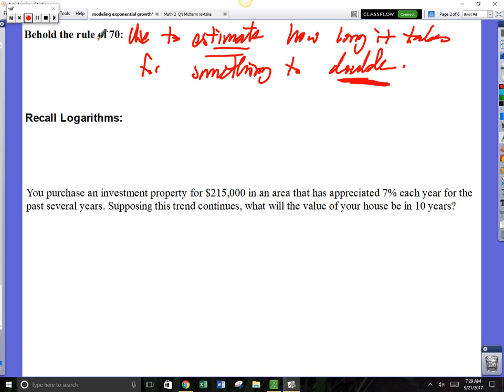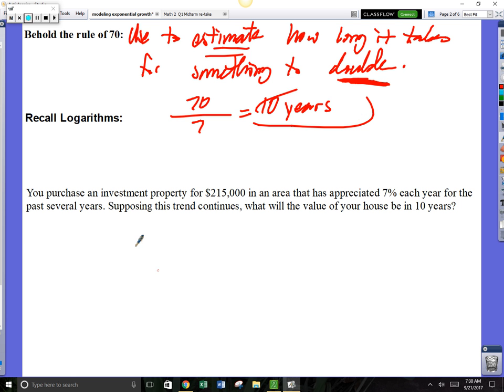So the rule of 70 is this. You take 70 and you divide it by the percent. So divide it by 7. Do not change it to a decimal. So 70 divided by 7, that is going to be 10. So it is only going to take something close, it's just an estimate, close to 10 years for me to double my money.